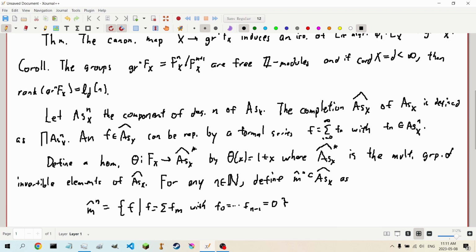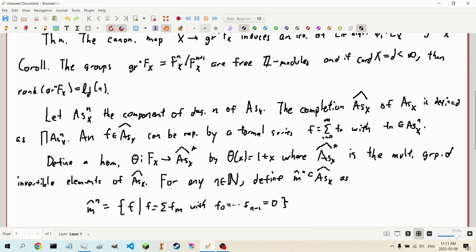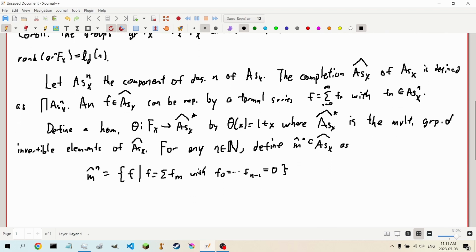So essentially, this M hat to the n is the set of elements in AS hat of X whose smallest non-zero component is of degree n.